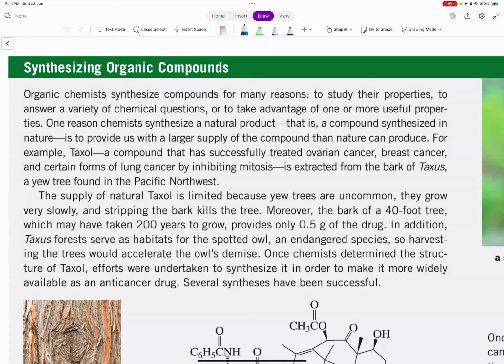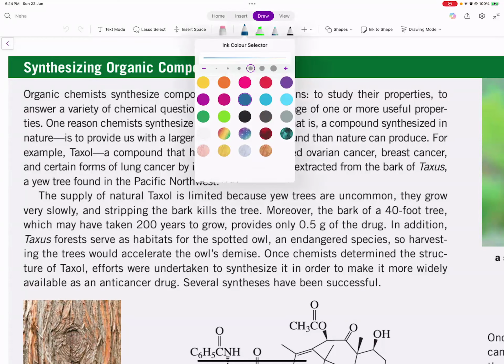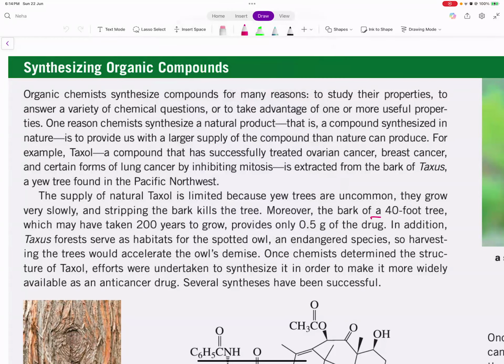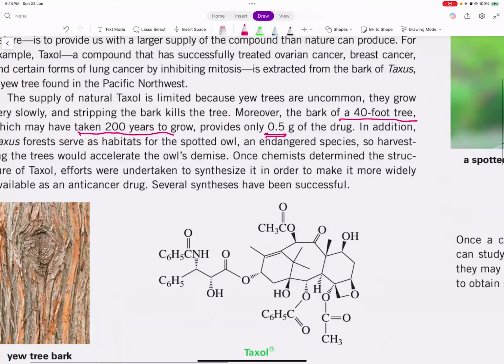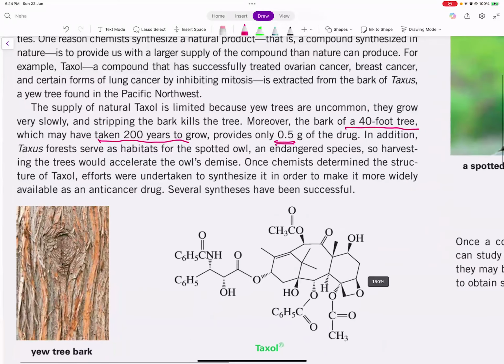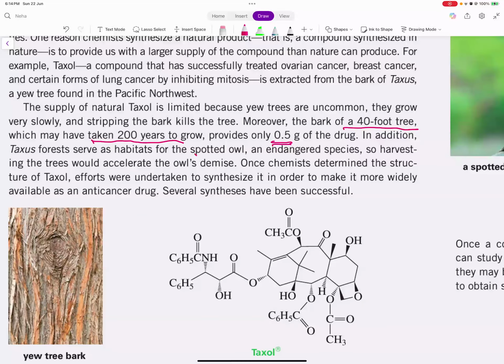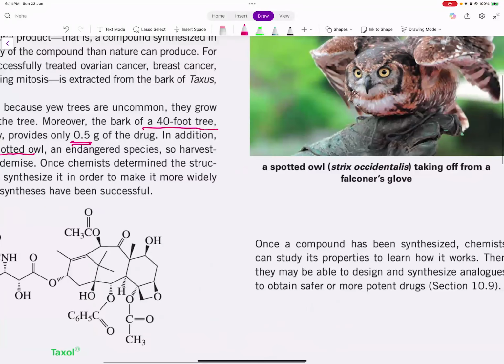But the problem is that from a 40-foot tree, which may have taken 200 years to grow, it only gives 0.5 gram of the drug. See the problem. In addition, this Texas forest serves as habitat for the spotted owl, an endangered species.